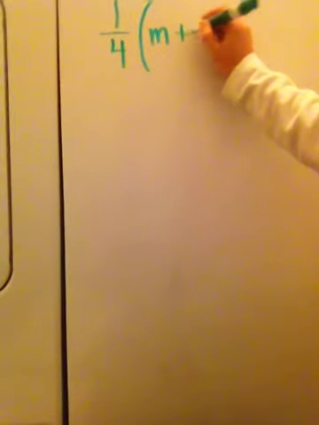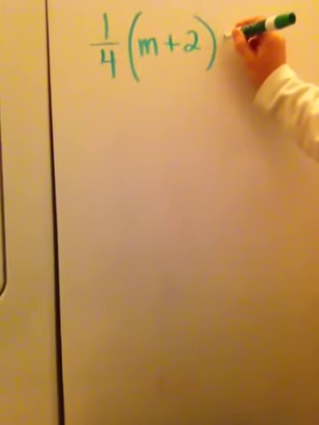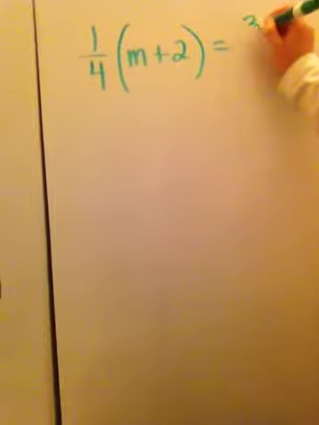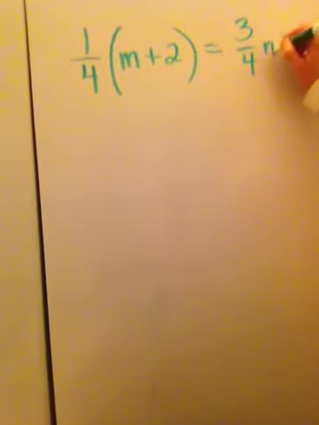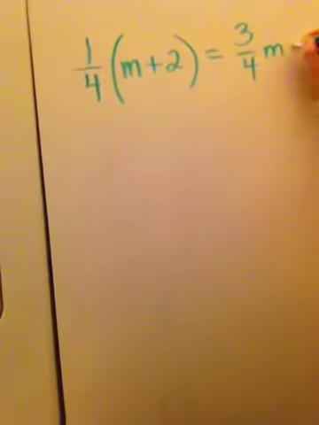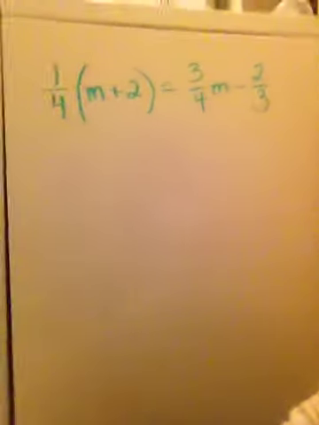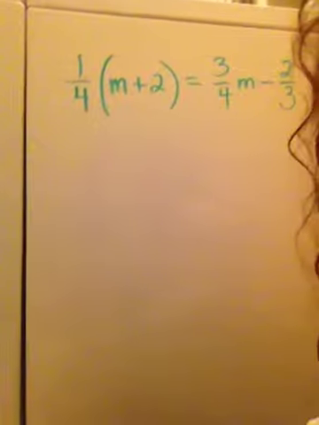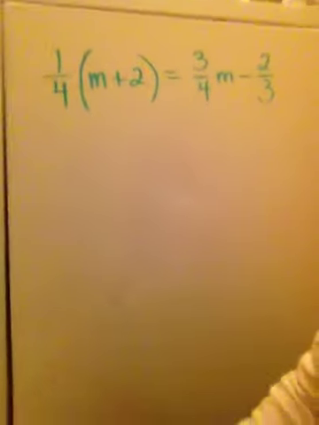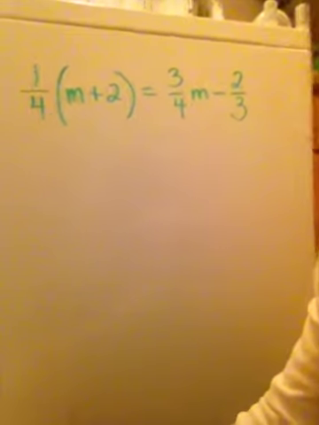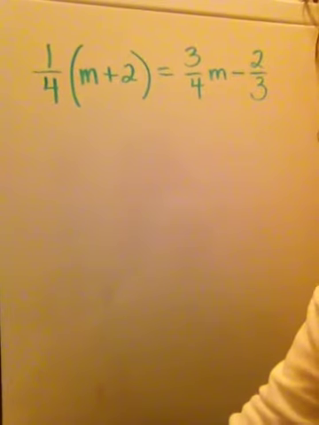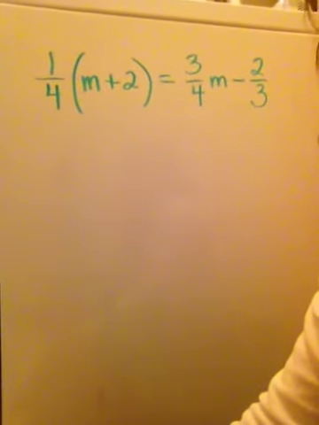So we'll do 1/4 times (m plus 2) equals 3/4 m minus 2/3. Okay, this is where it's kind of tricky when you multiply everything by the least common denominator so you can get rid of the fractions.